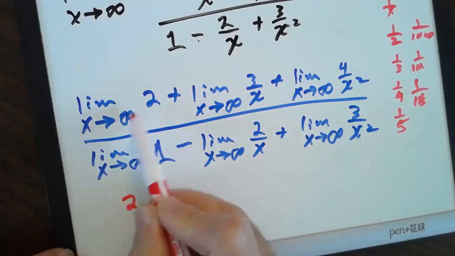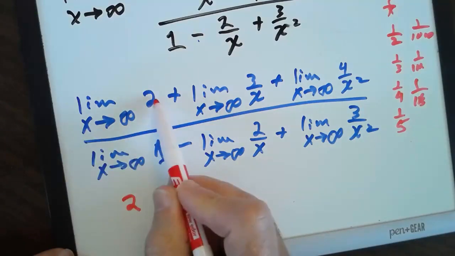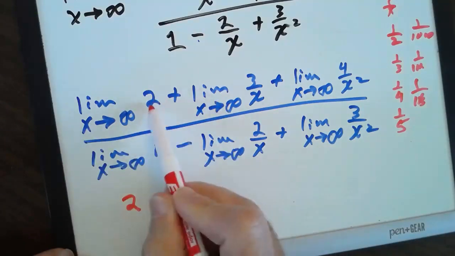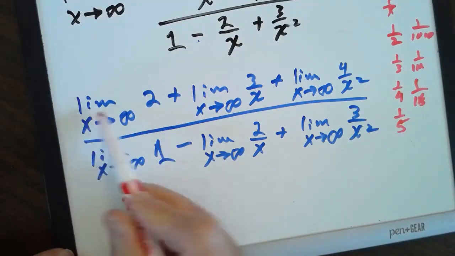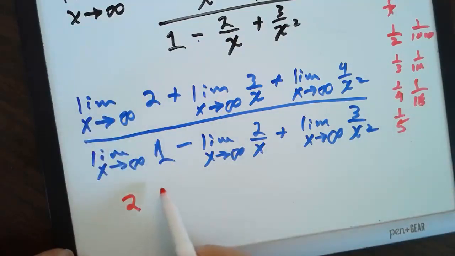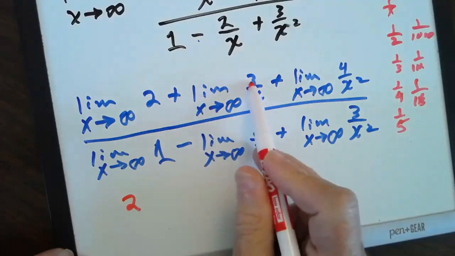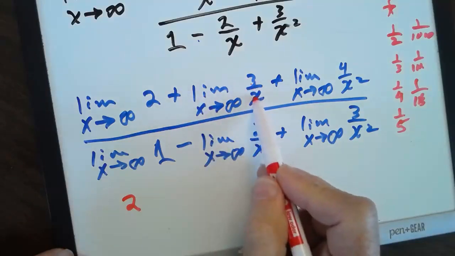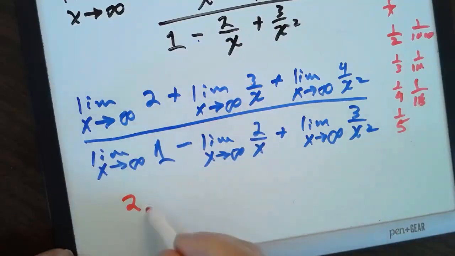Once we apply the limit to the term, we don't need to rewrite the limit as x tends towards infinity anymore. So here, 3 over 100, 1,000,000, 1,000,000,000 goes to 0.